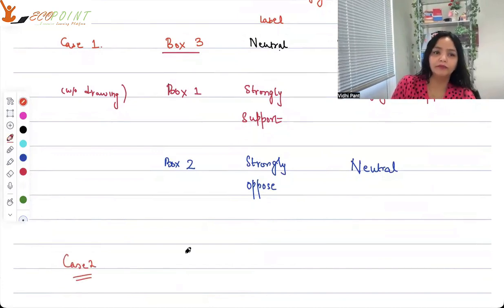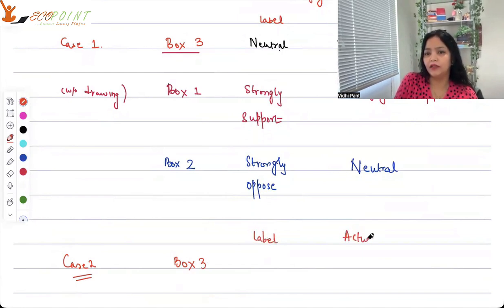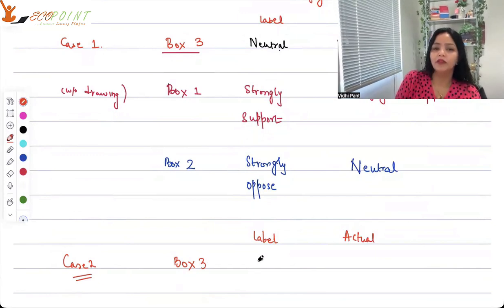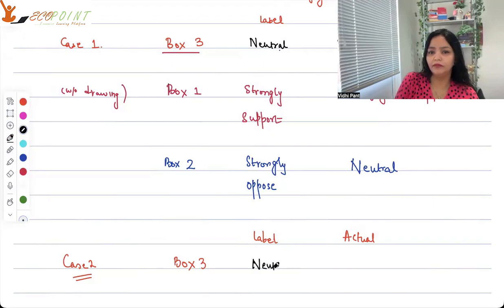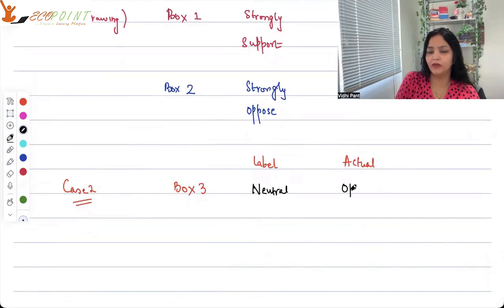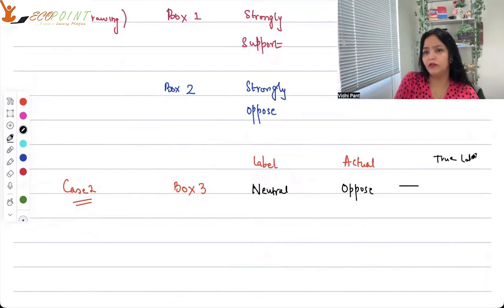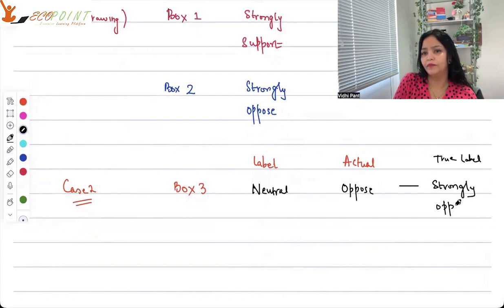And case 2, where box 3, again, I would talk about label and what it actually is. The label gives you neutral, but our case 2 is where strongly oppose data comes out, right? So since everything has to be the same, this box's true label should be strongly oppose.